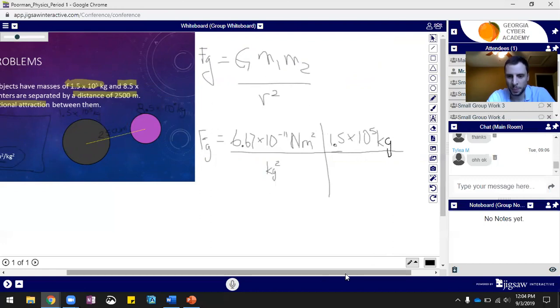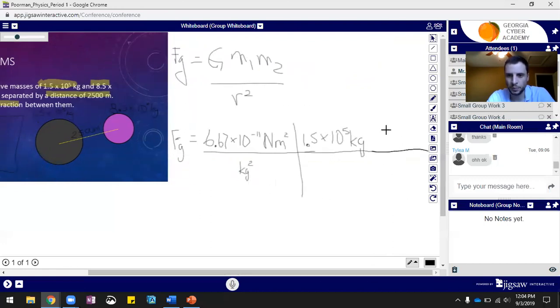And mass 2, we have 8.5 times 10 squared kilograms. And so now our units on top, we have newtons, meters squared, kilograms times kilograms. So that's essentially this. Newtons times meters squared times kilograms times kilograms.